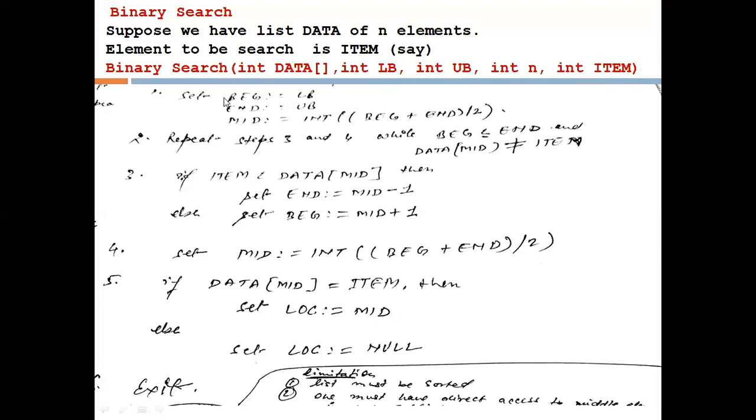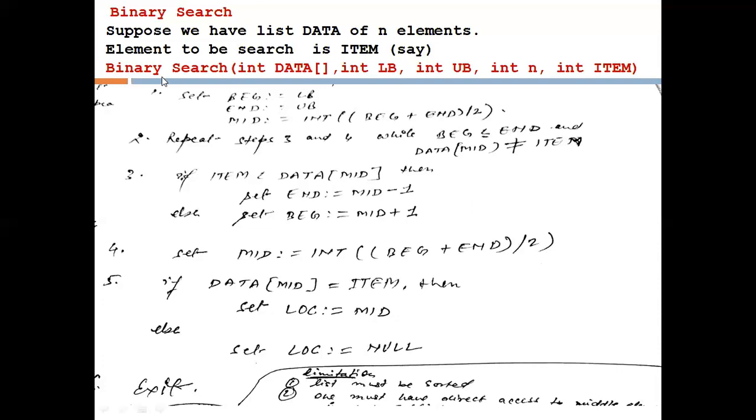Here we will take three variables: begin, end, and mid. Begin will represent the first position of the sublist, end will represent the last position of the sublist, and mid will represent the mid position of the sublist.